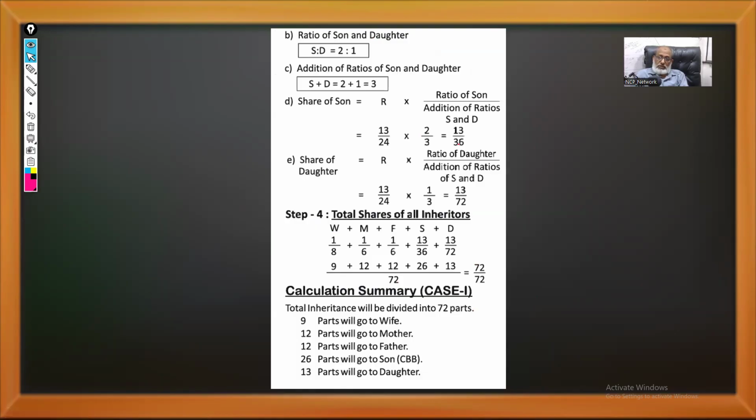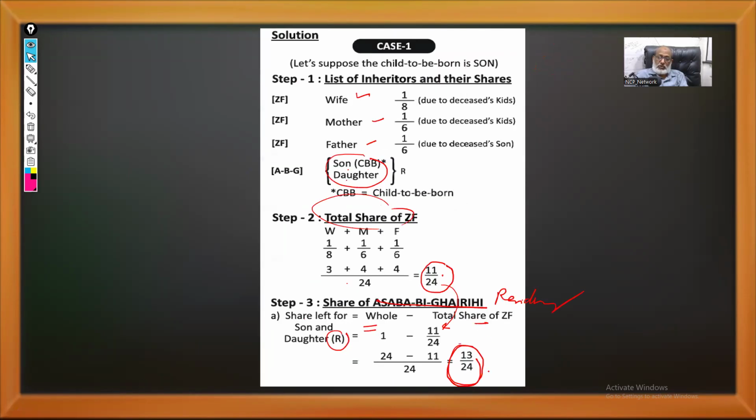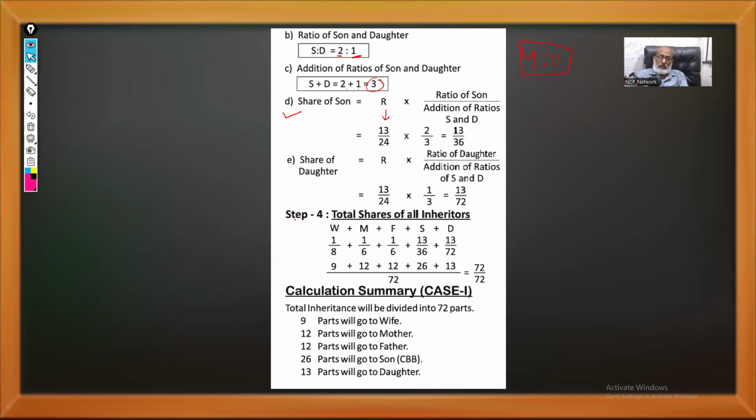So according to Surah An-Nisa, Yusikumullahu fi awladikum lidzakari mislu hazzul unsayayn. The share of son is 2 and the share of daughter is 1. So the addition of their ratio is 2 plus 1 equals 3. If we calculate the share of the son, the remaining share is 13/24, in step 3, part A. The ratio of the son is 2 and the addition of ratio is 3.